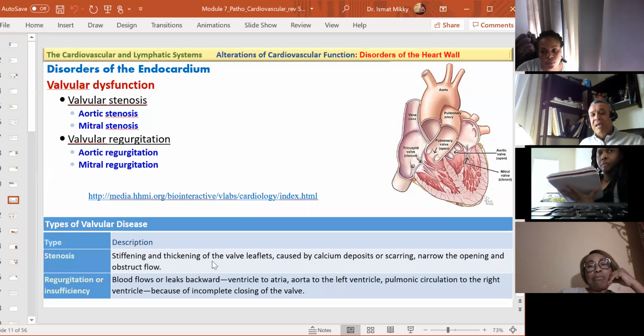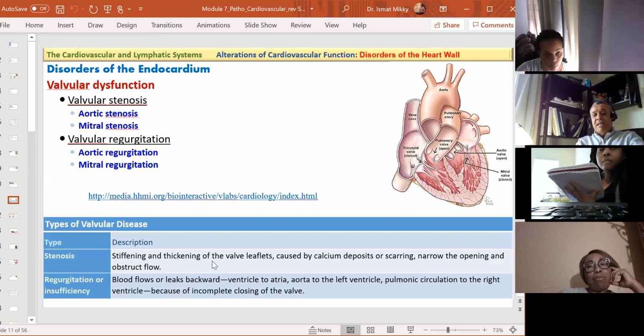But again, the prolapse is the phase that precedes the regurgitation. I'm not asking that you know the disease process, the definition, how to diagnose, or the pathophysiological changes. So let's focus only on stenosis and regurgitation, but no prolapse.